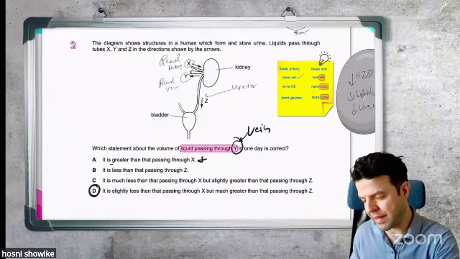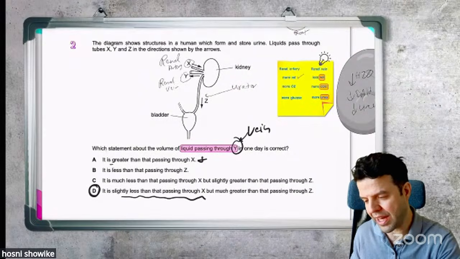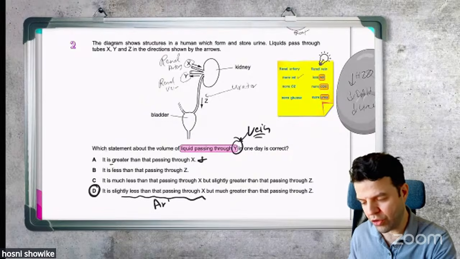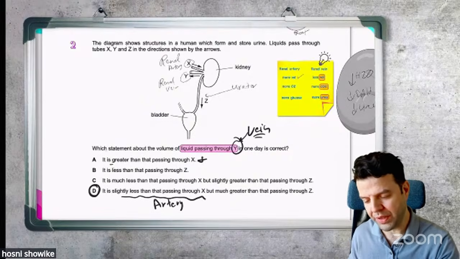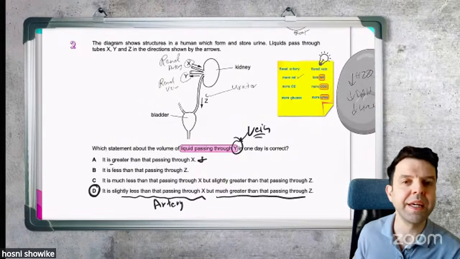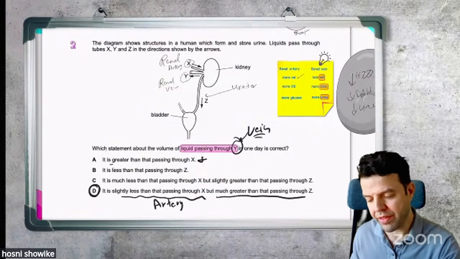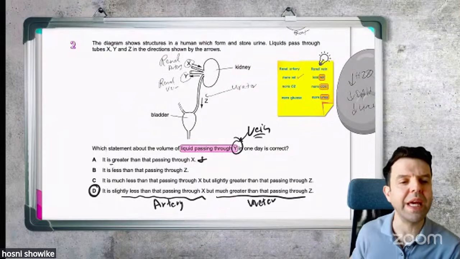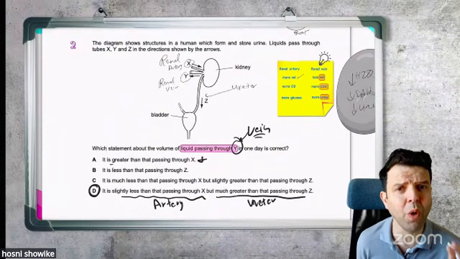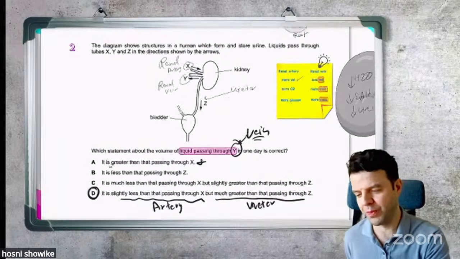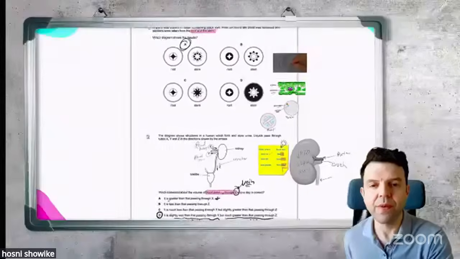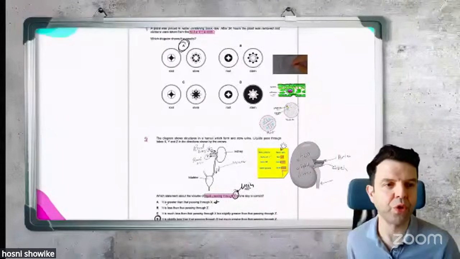It says slightly less than that of X. So the vein is less than the artery in terms of volume and is way more than the ureter. The ureter will only have leftover, some water, some urea, some salt. Is this good so far?